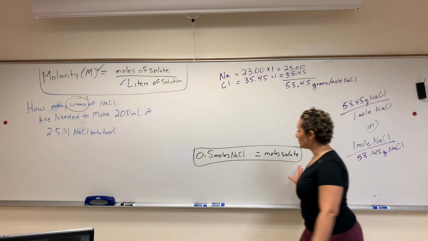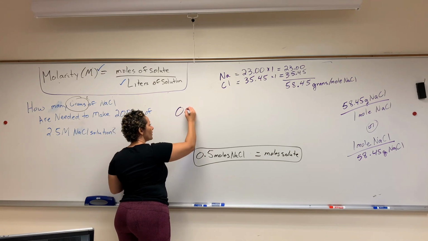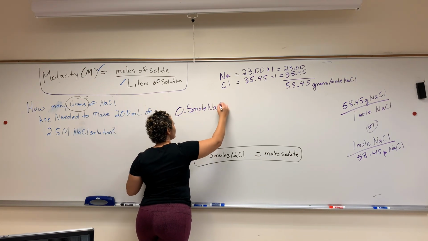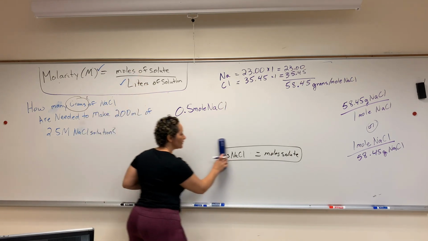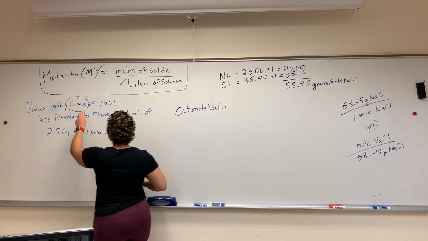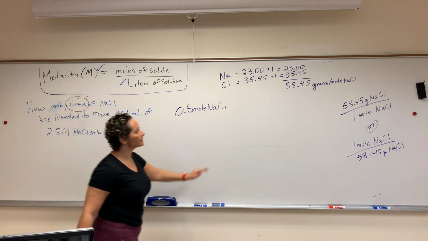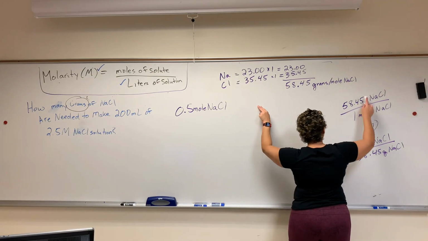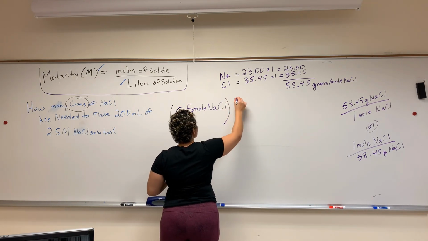So now we have these moles. Let's go ahead and work our problem. 0.5 moles sodium chloride, that's the answer we came up with. The question is, how many grams? Since you're trying to figure out how many grams, you know your grams need to be on top. And look at that, grams are on top. So let's do our calculation.